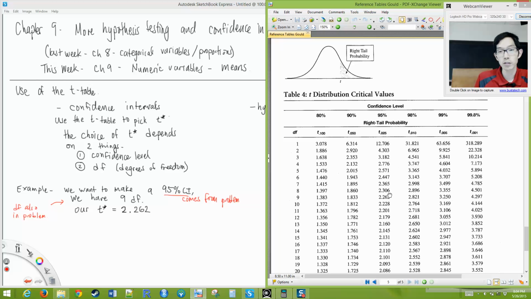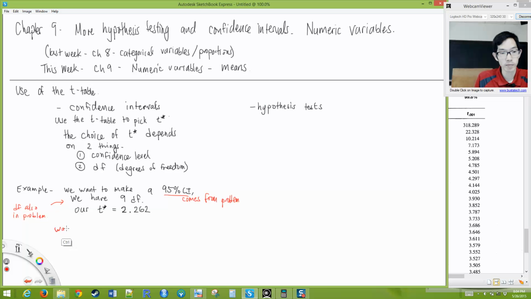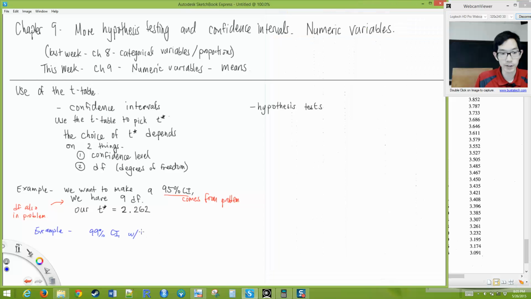Okay, so just a quick check. Let's say you want to make a 99% confidence interval, and you have, let's say, 56 degrees of freedom.